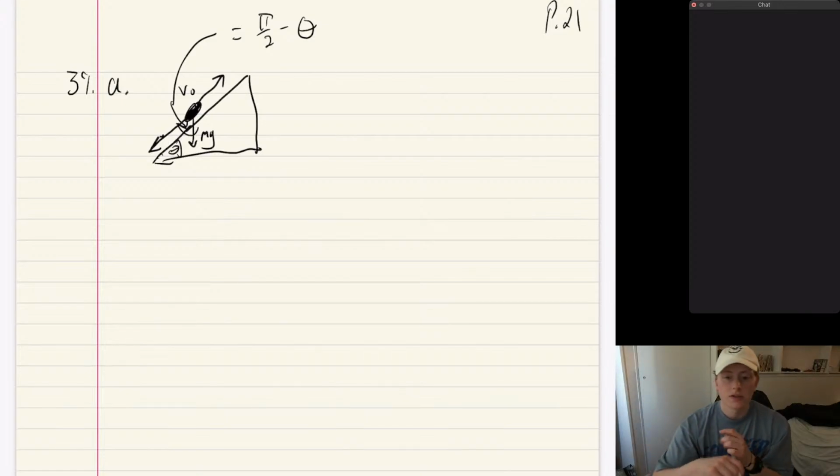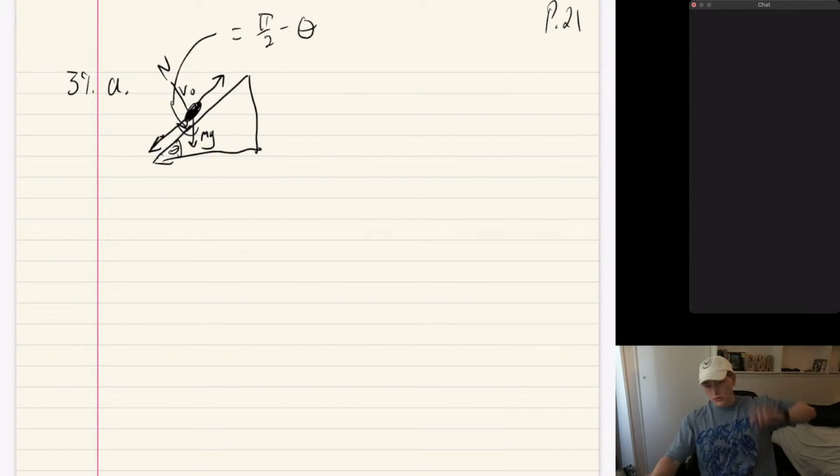Okay, so there's the weight, which is mg, the force, and then there's the normal force too. There's the weight. No forces in the z direction.